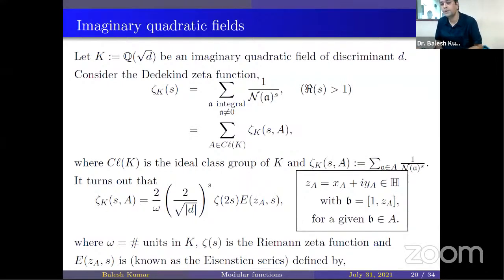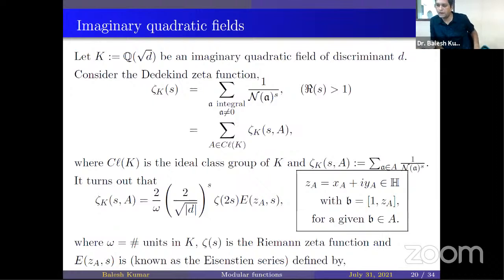So again here K, again by abuse of notation, will be an imaginary quadratic field now of discriminant d. Given this imaginary quadratic field, one can attach an analytic object, namely the Dedekind zeta function, which is defined in terms of the sum of 1 over the norm of a to the power s, where a runs over non-zero integral ideals. And this series converges absolutely for real part of s bigger than 1.